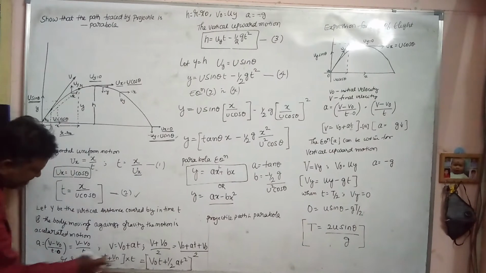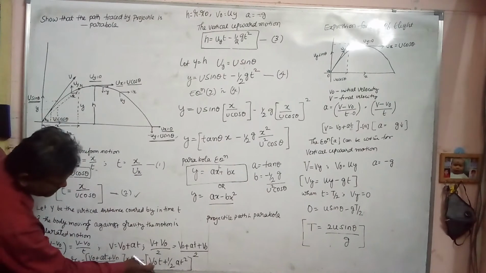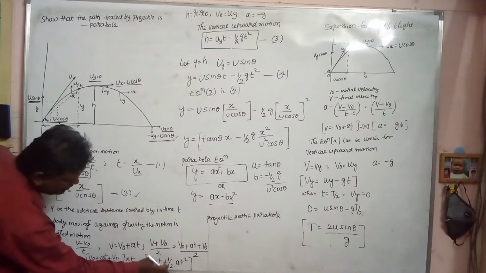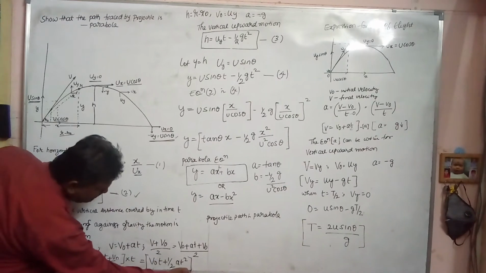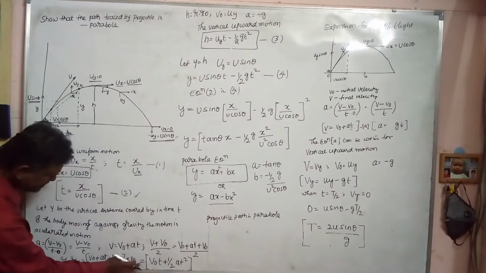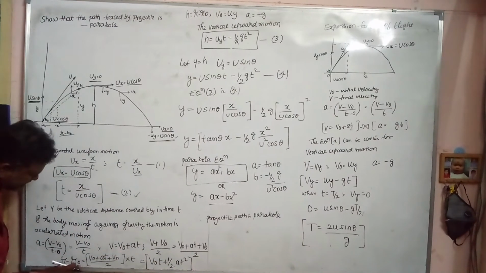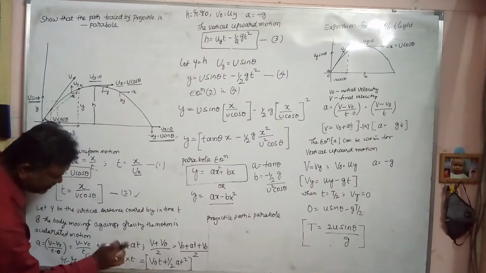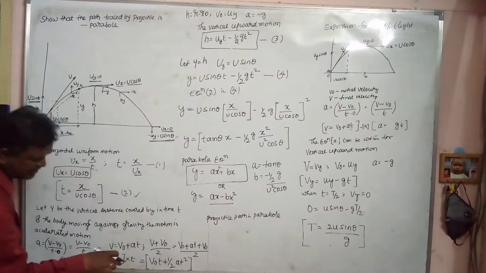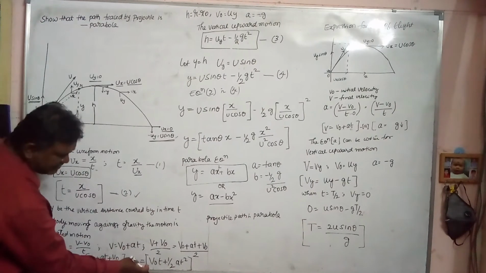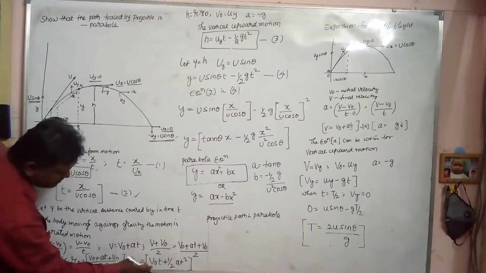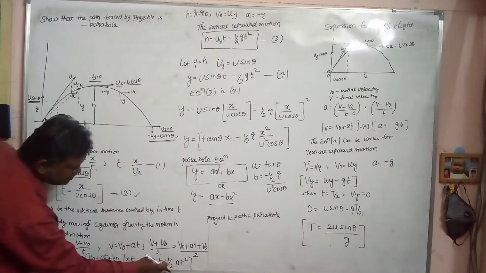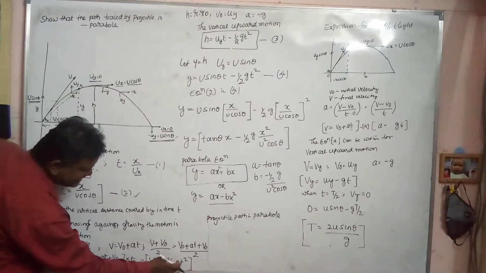If you simplify, you will get this equation: v naught t plus 1 by 2 at squared. So remember this equation. The displacement of the particle is equal to average velocity into time, and that simplifies to initial velocity into time plus half of acceleration into time squared.